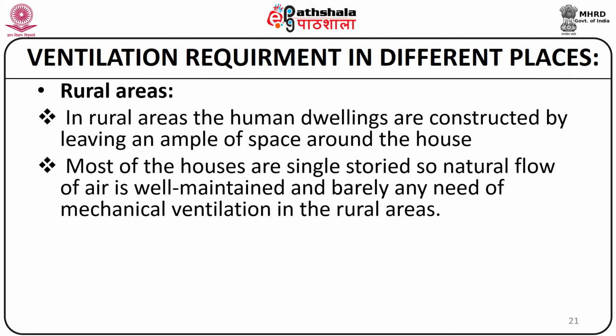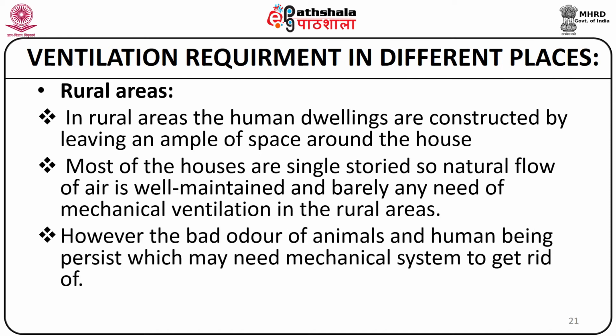Most of the houses are single-storied, so natural flow of air is well maintained and there is barely any need of mechanical ventilation, because there is opportunity for cross ventilation. Houses are placed at different places, and the probability of air exchange is higher only if cross ventilation and adequate window size are maintained.